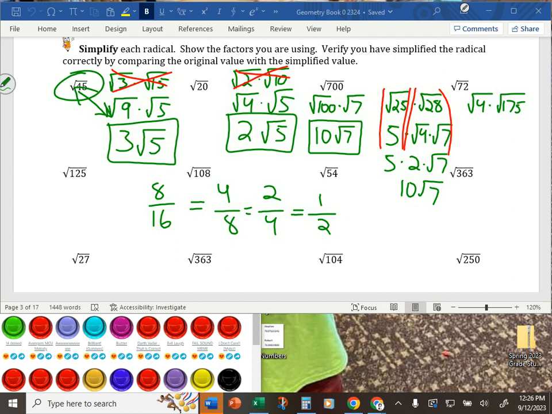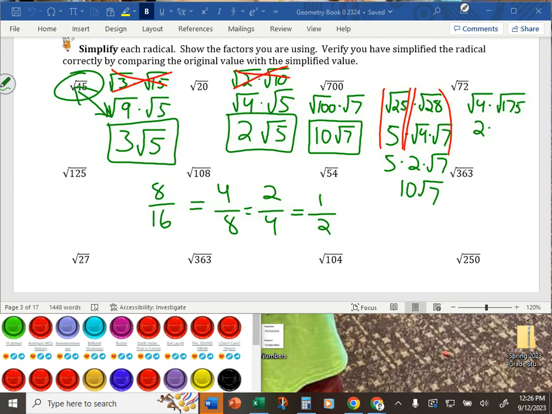Root 4 times root 175, same situation. Root 4 is a perfect square, it gives us 2, but what can we do with the root 175? Destroy it. How? 25. 25 and 7, right? You just keep getting back to the same answer.